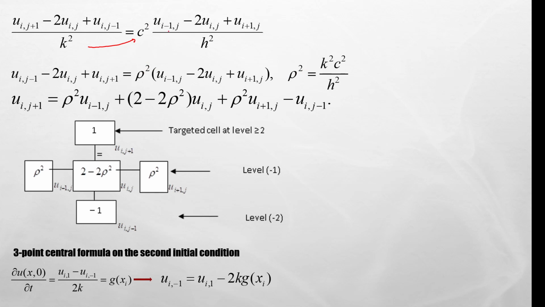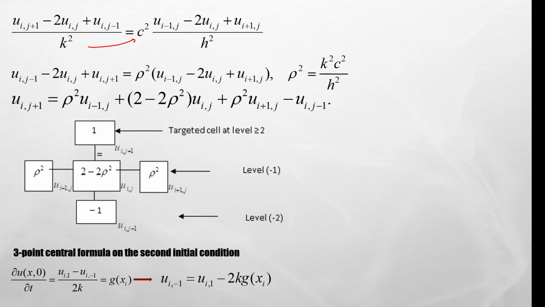In the bracket you still have the term u_{i-1,j} minus 2u_{ij} plus u_{i+1,j}. And on the left side, you want to put back this is plus 1, this is minus 1. Then after that, collecting the term u_{i,j+1} as the title.